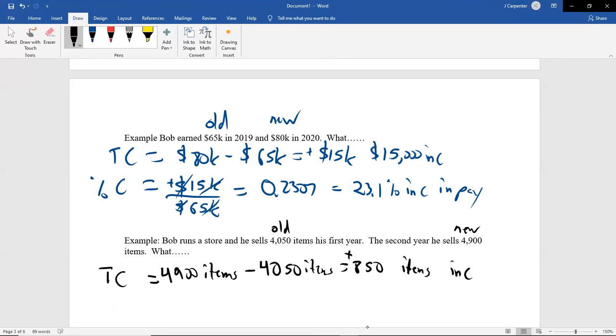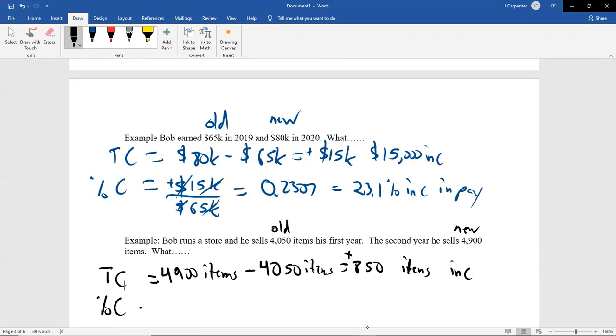Do you mean 4,050 different types of items or 4,050 items total where maybe half of them were refrigerators and then some of them were stoves and then the others were tables? I didn't say, and it doesn't matter because there was no question about specific items. Now, I could break these down into categories and then ask you to talk about percent increases and decreases of tables and tubs and whatever else I just said.